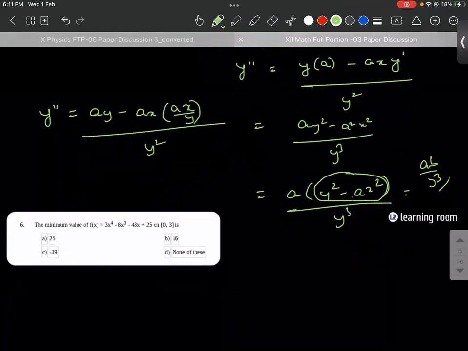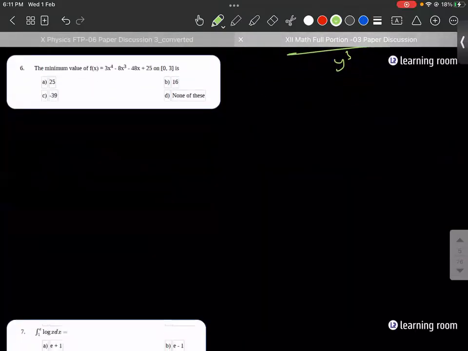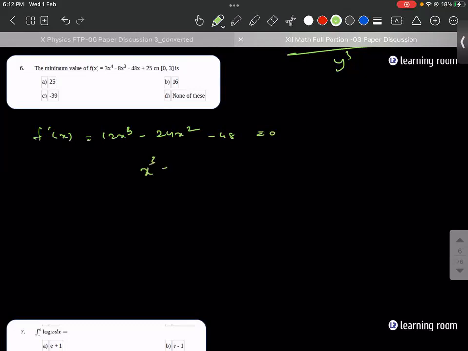What is the answer for the sixth one? The minimum value of f of x. So f dash of x will be equal to 12x cube minus 24x square minus 48. If I equate it to 0, x cube minus 2x square minus 4 is 0.